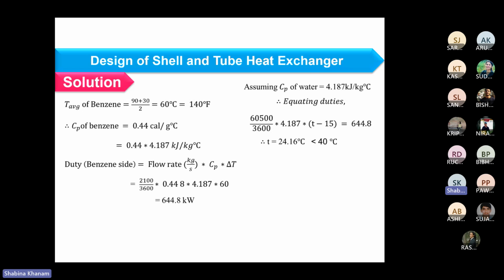And when I am considering this CP value, what is the procedure which we have discussed in the last class related to this value?